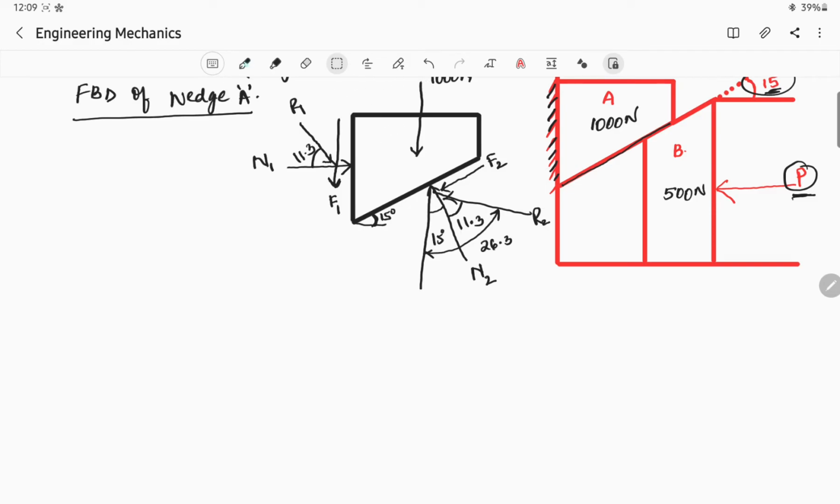So anyways, we'll do one thing, we'll draw the figure once again here. So this is the figure, right? This is the wedge. Fine.